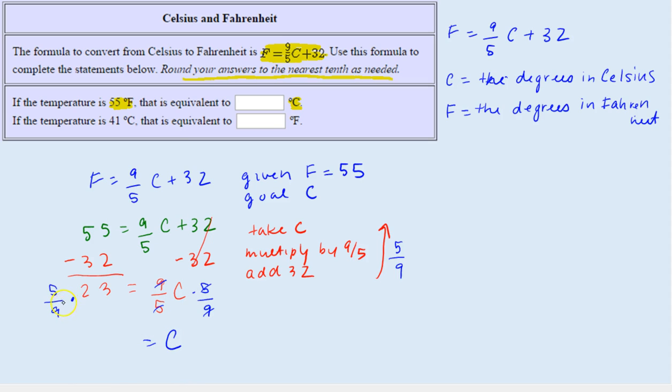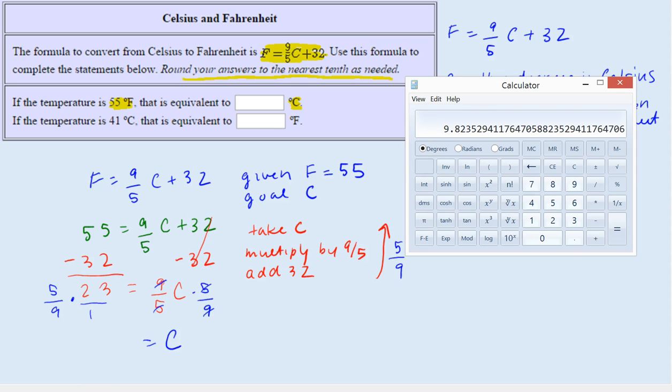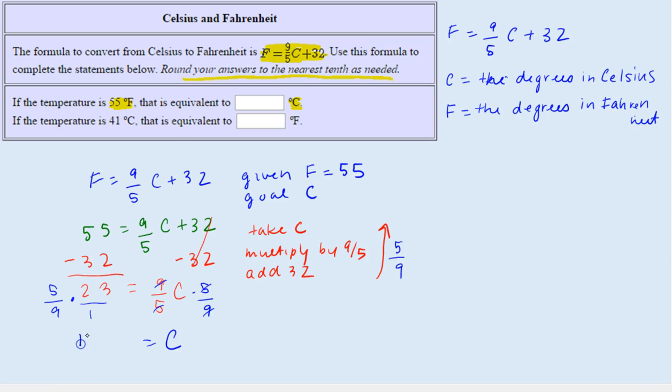And on this side, we're going to round to the nearest tenth. So let's multiply this on the calculator. You could think of this as 23/1 if you'd like. So we have 23 times 5, which is 115, over 9 times 1, which is 9.